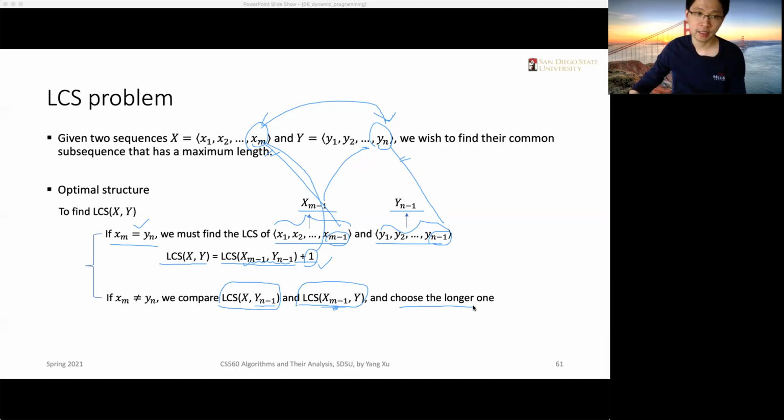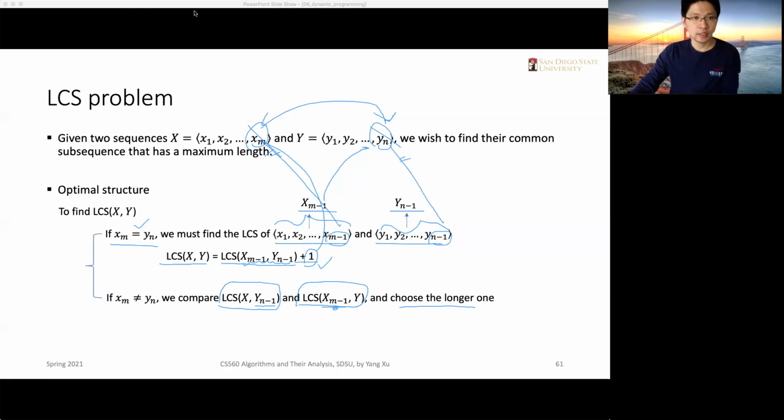Because we know that xm and yn are not equal, so they should not both be included in the longest common subsequence. So we can either decrease x by 1 or y by 1, and try to find the longest common subsequence between the altered combinations. But we need to choose the longer one.